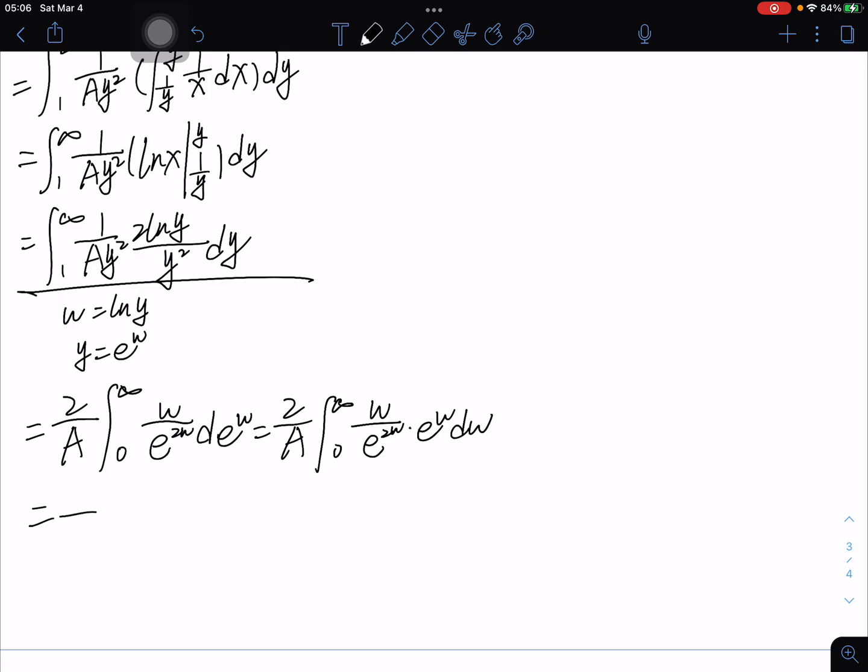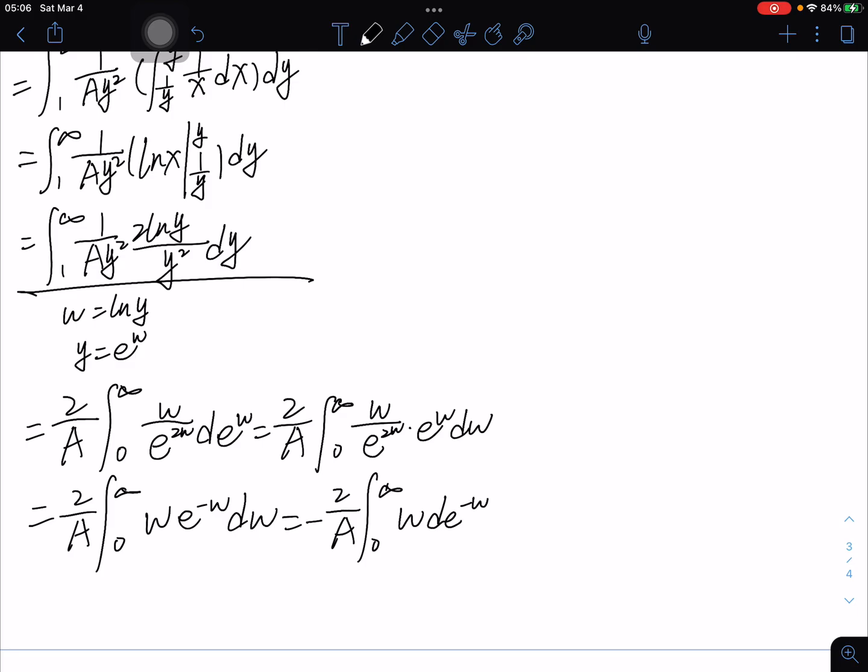So this is equal to a times the integral of w e to the minus w dw, equals a times w d e to the minus w.